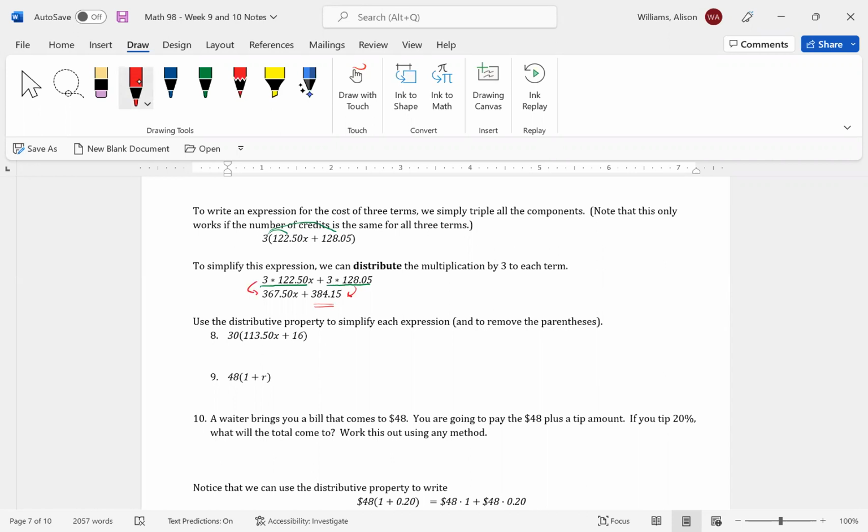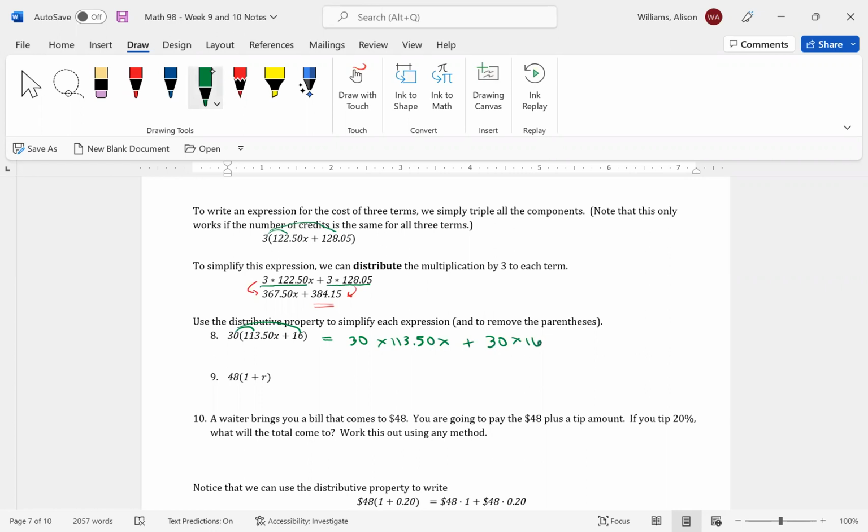So they want us to use the distributive property ourselves. Let's try it. So they're asking us to do 30 times what's in this parentheses. So I'm going to multiply 30 times this and 30 times that. So if I want to write it out, 30 times 113.50x plus 30 times 16.